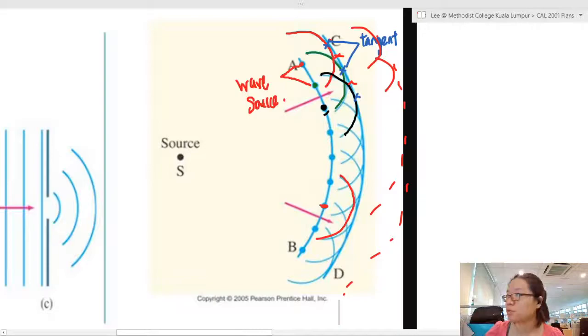So basically what we have here is this point creates this wavelet where my mouse is, and then you have a new wavefront. A point on the wavefront creates a new wavelet, you have a new wavefront. A point on the new wavefront creates another new wavelet, you have a new wavefront.